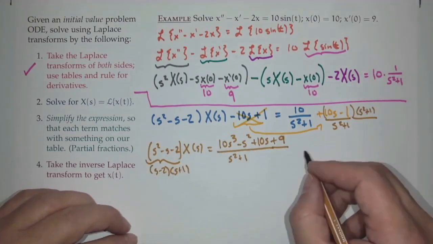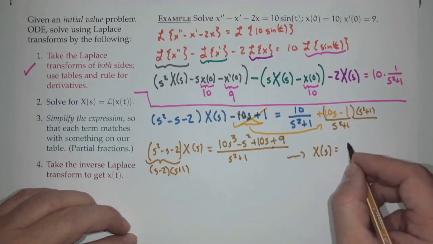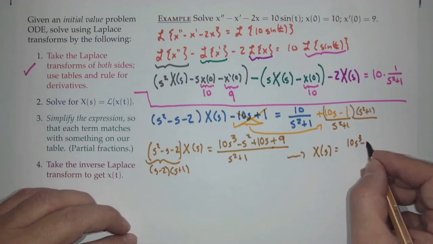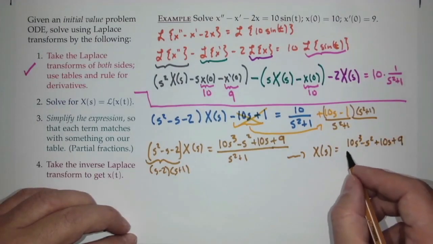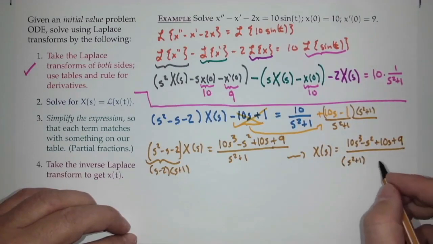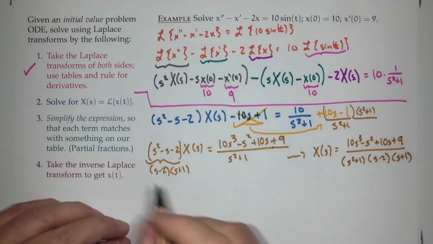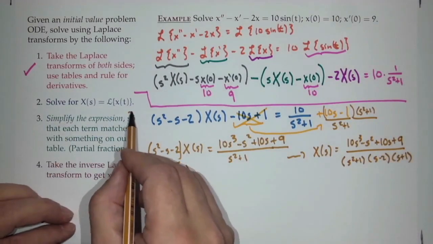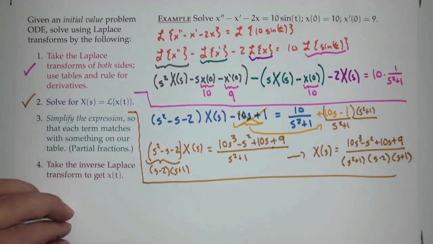And then we'll divide it over. So we see that x of s is 10s cubed minus s squared plus 10s plus 9 divided by s squared plus 1 times s minus 2 times s plus 1. Okay, that's step 2. Okay, so we're now done with step 2.